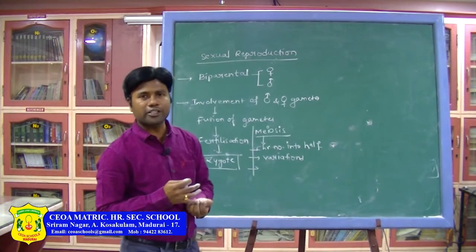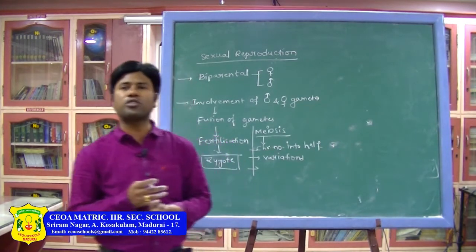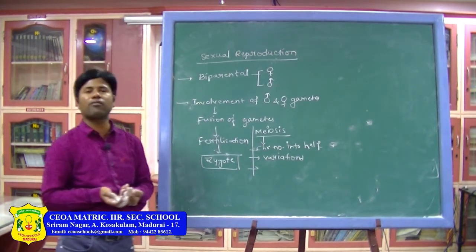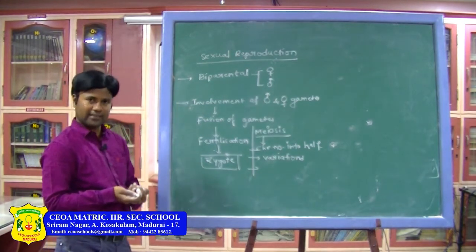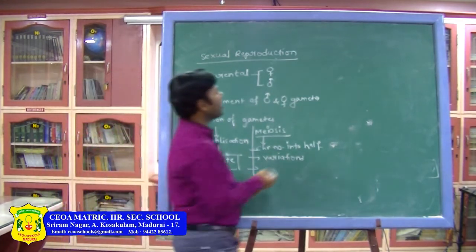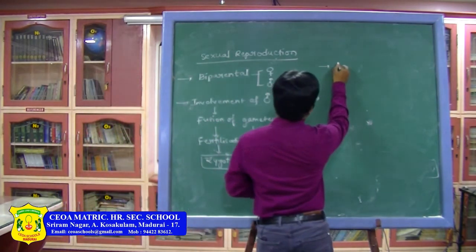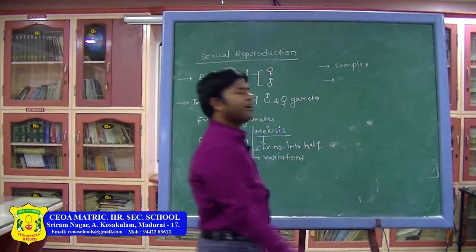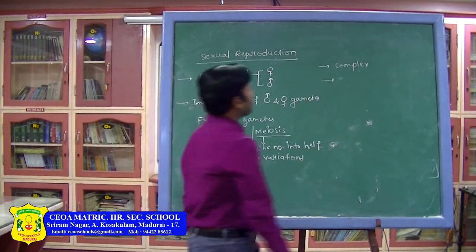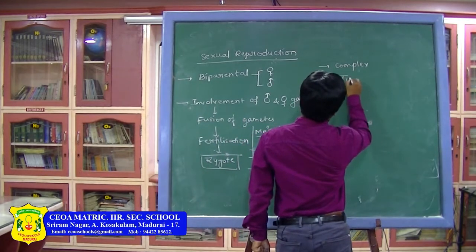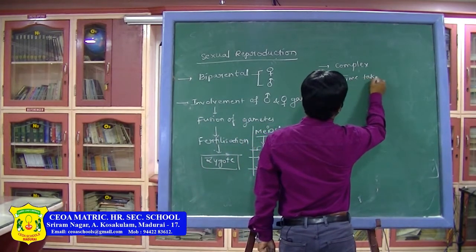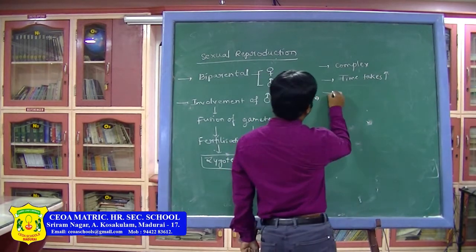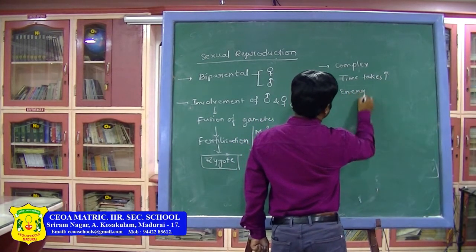In the asexual mode of reproduction, the number of organisms produced is more, whereas in the sexual mode of reproduction, the number of organisms produced is less. Also, sexual reproduction is a complex process. It takes more time, and the energy requirement is also more.